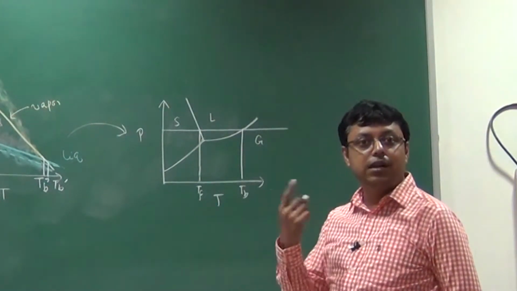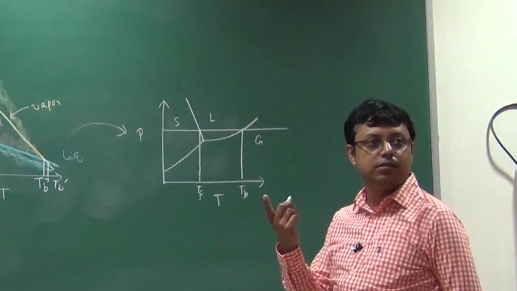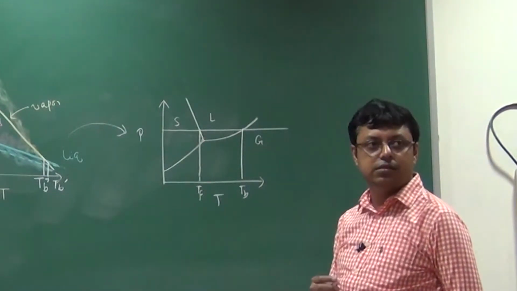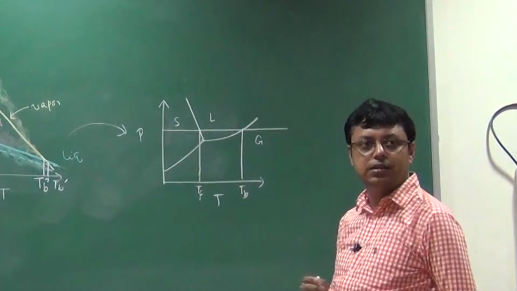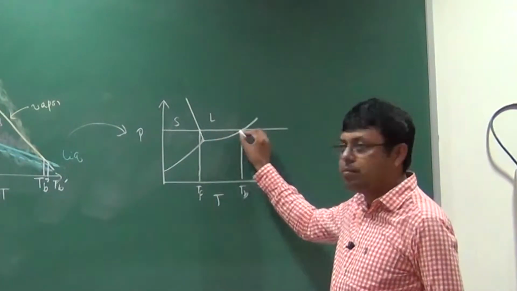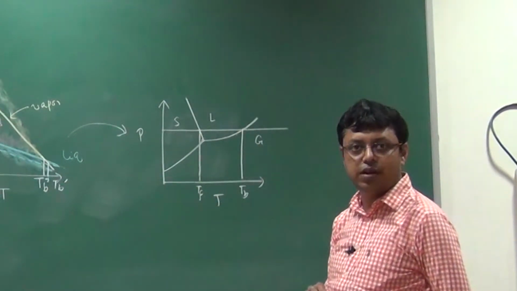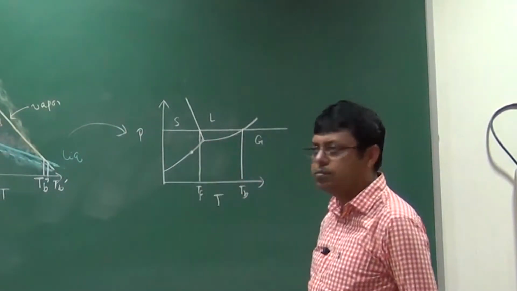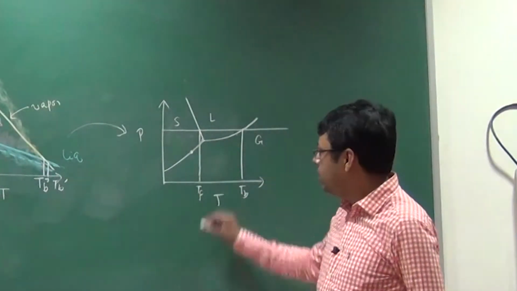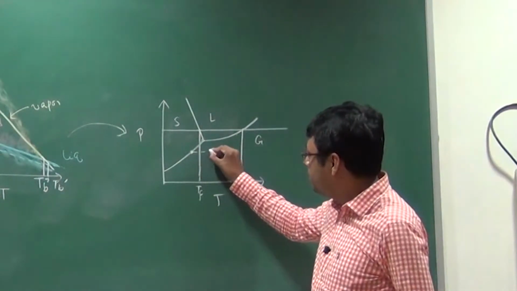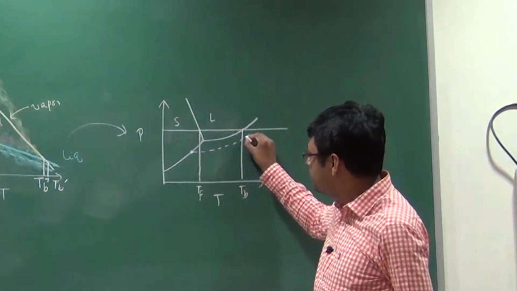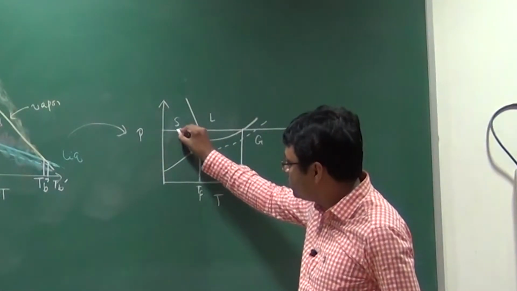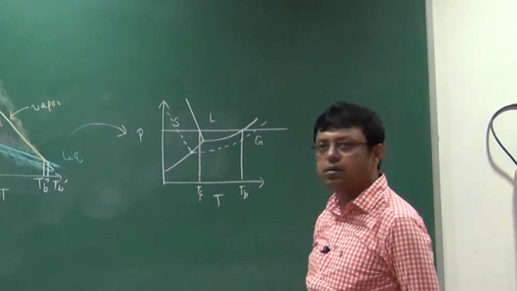Why? Because the liquid is in equilibrium with the gas and the solid. But the solid all of a sudden will not change. But the liquid-gas itself will not change. But the equilibrium lines will shift. So as a matter of fact, what will happen is that the triple point will come down here. And you will have something which is parallel to this, and also parallel to this. Clear?